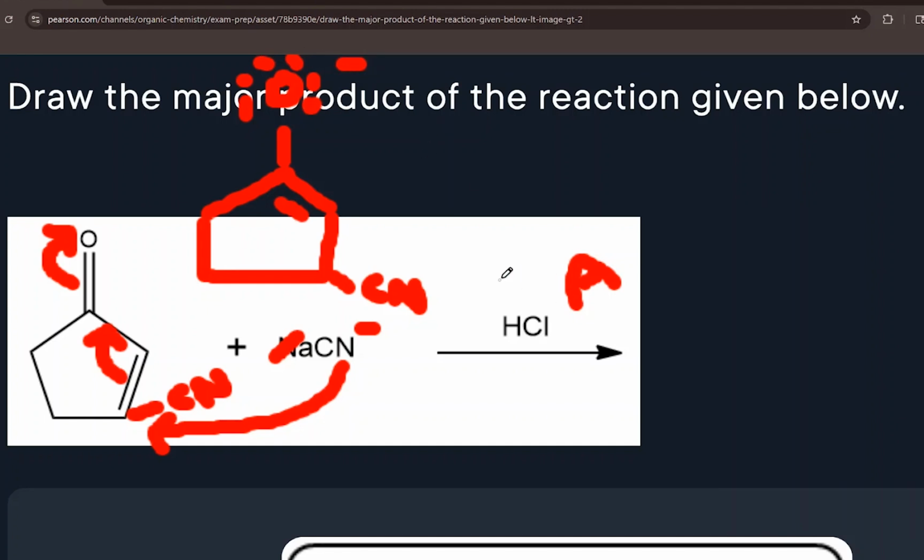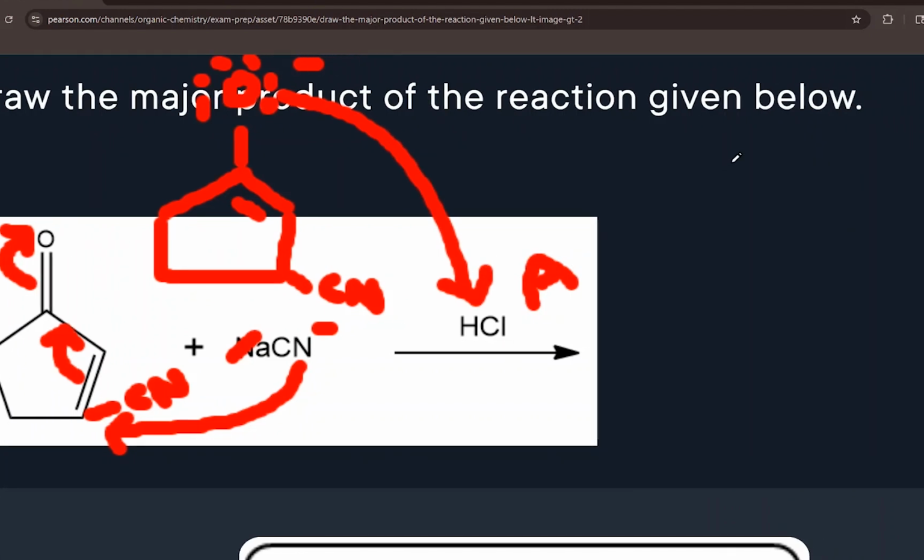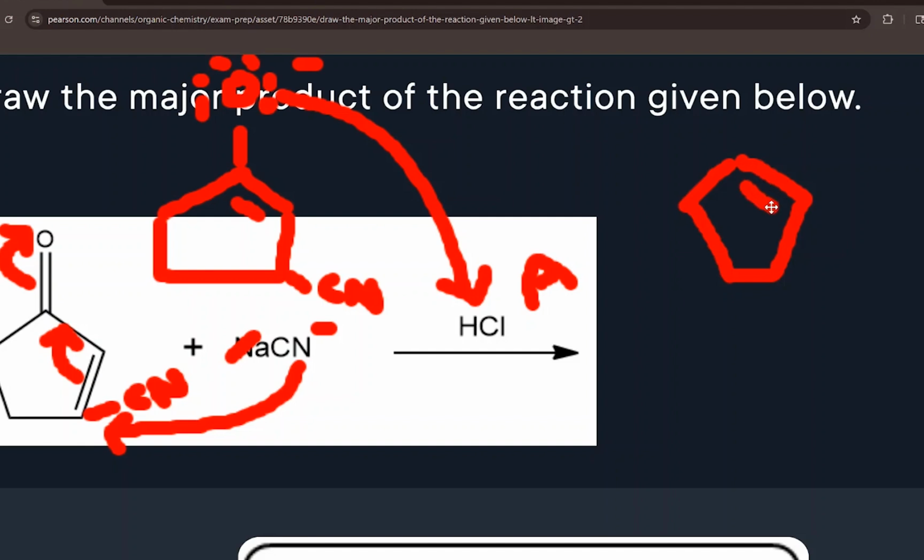Now, don't forget, we are in an acidic environment. So one of these lone pairs is going to come over and it's going to go ahead and nab one of those hydrogens. And that's going to lead to something that looks a little bit like this. Okay.